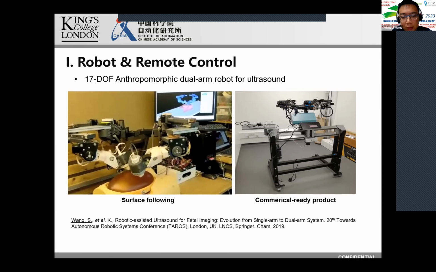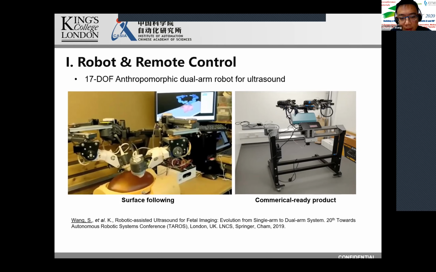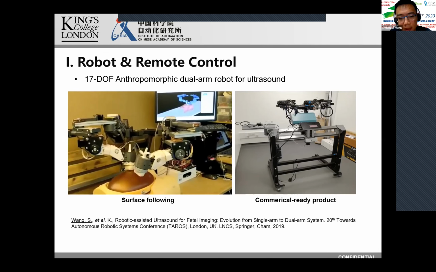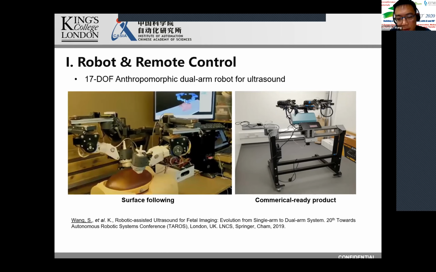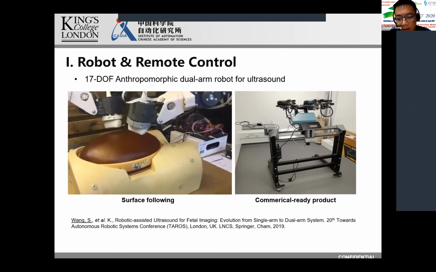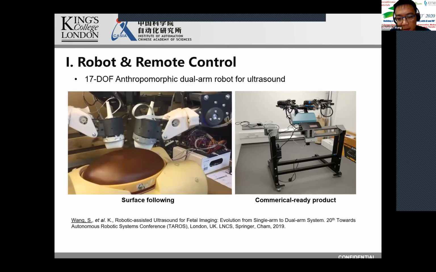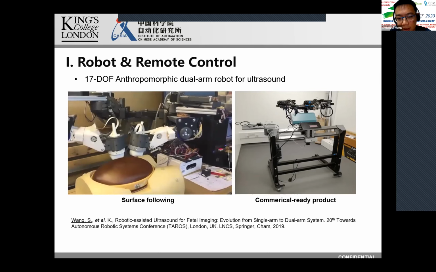So it can basically scan the whole abdominal area under different types of trajectories. And eventually you are going to acquire thousands of ultrasound images, and AI and deep learning will take over to analyze the standard view.